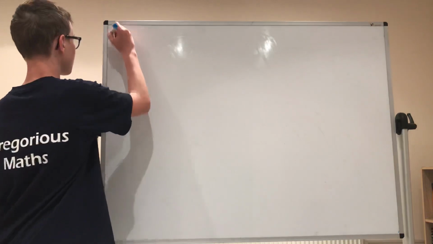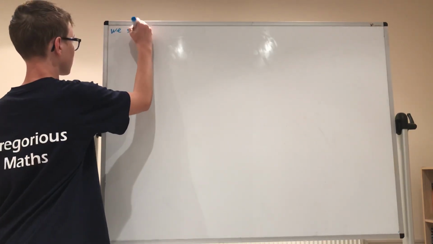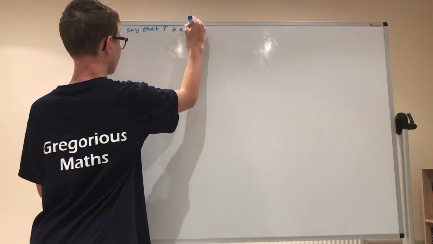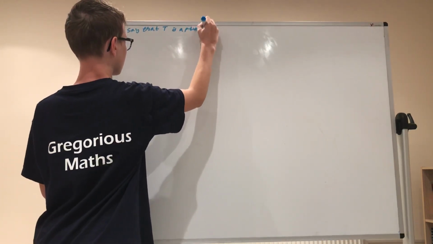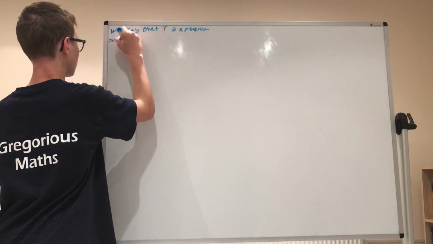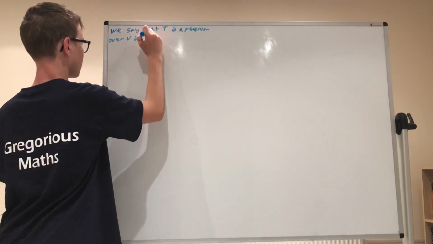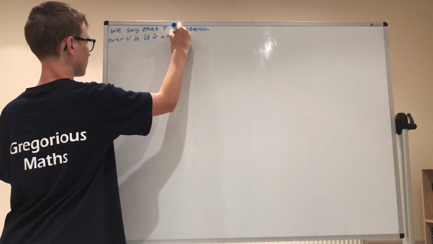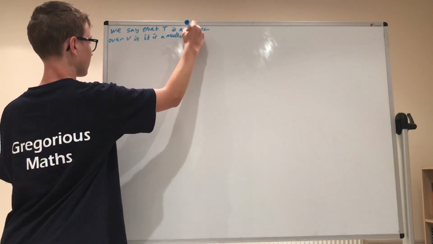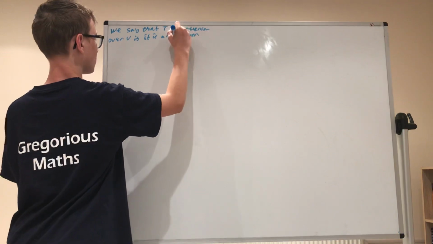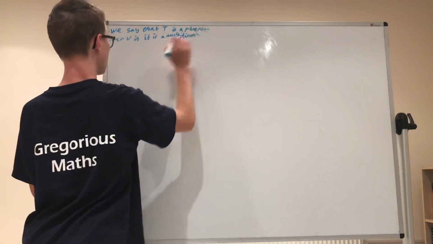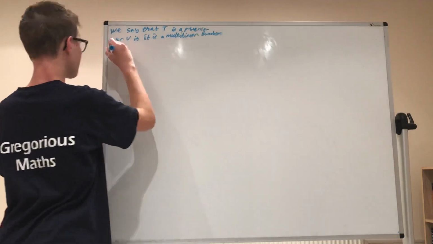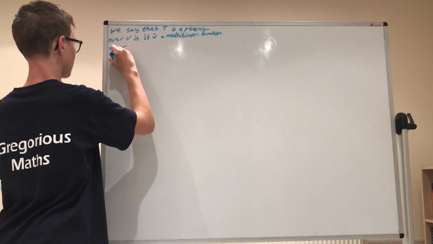So we say that T is a p-tensor over V if it is a multilinear function over V to the p.